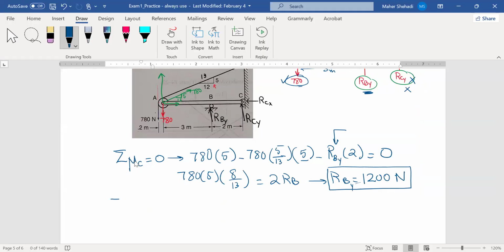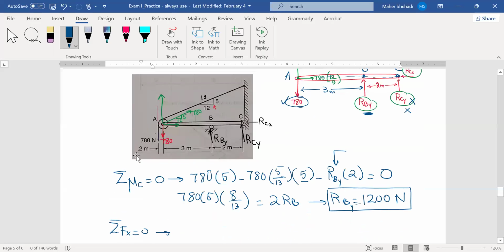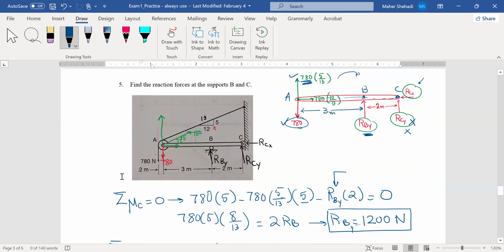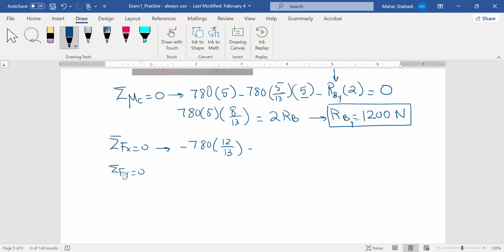And then what we have left, the other two equilibrium equations, X and Y. The X would be minus 780 times 12 over 13. And then RCX, also in the negative, minus RCX equals 0.